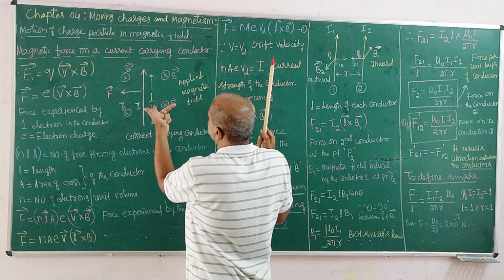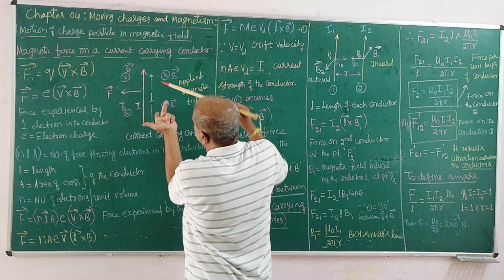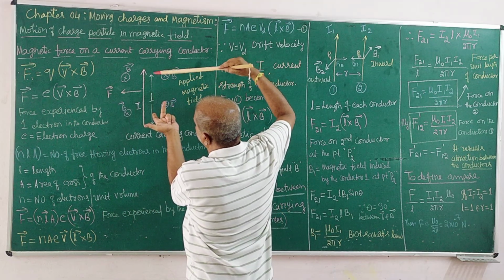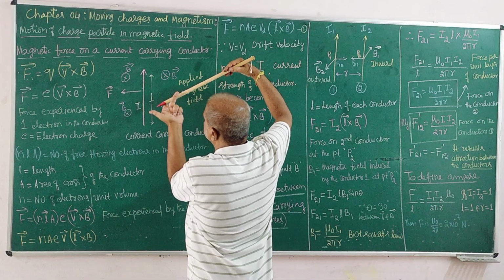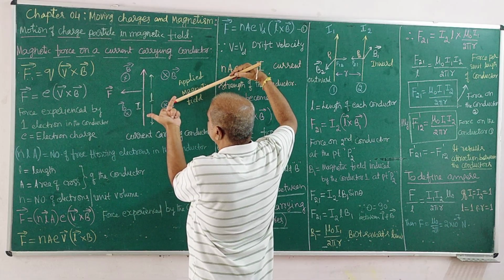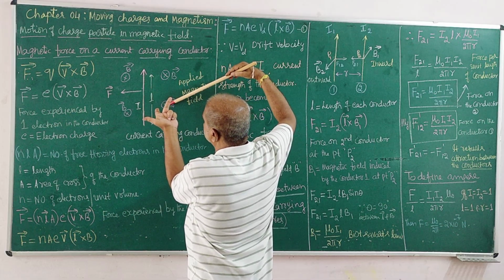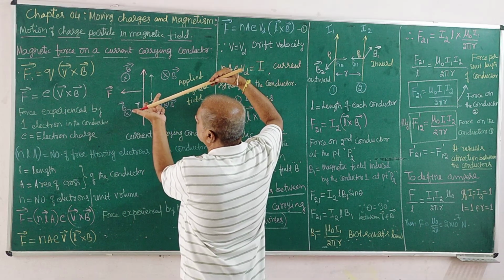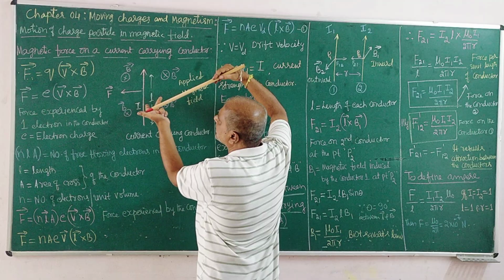You have to turn the hand like that so that this finger is coincided with the length, and this is coincided with the magnetic field in this direction. Then the remaining finger indicates the force direction.